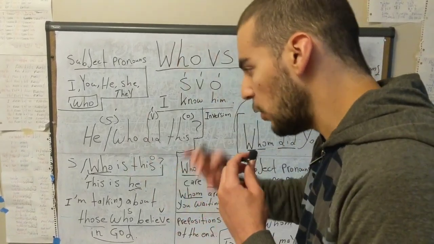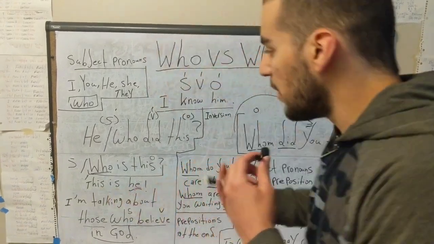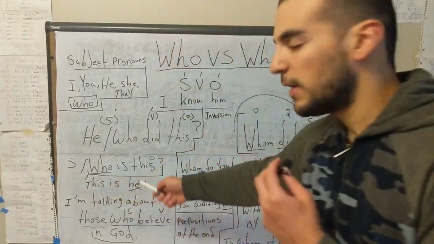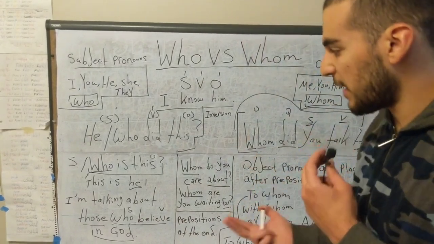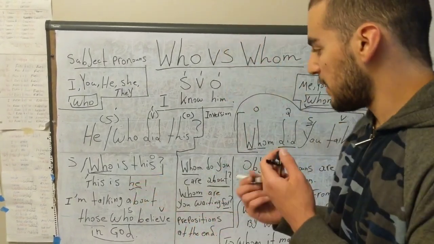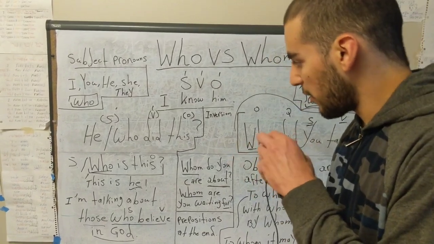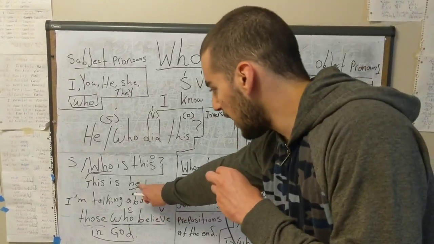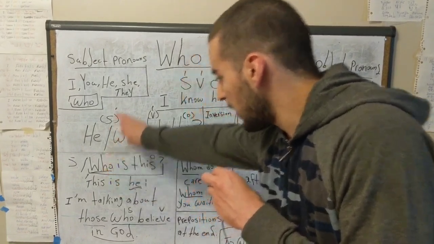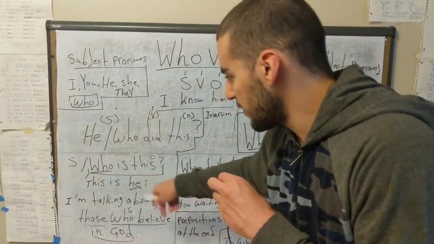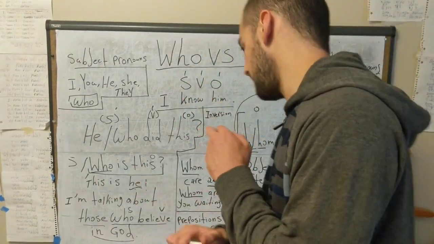If it were whom is this, then it would be this is him. But because we say who is this, we have to respond by saying this is he, because these are called interrogative particles, and after them you must have the subject pronoun. So you can kind of see how it inverts. This is another form of inversion, but it is still who is this, not whom is this, that's wrong.